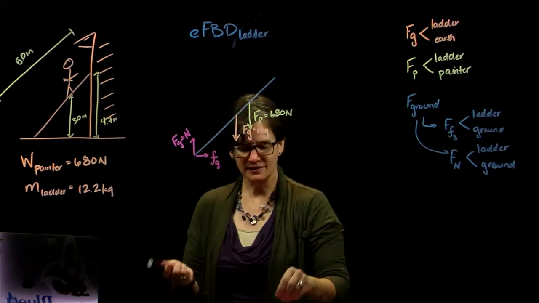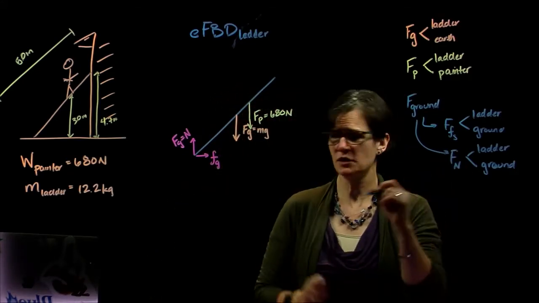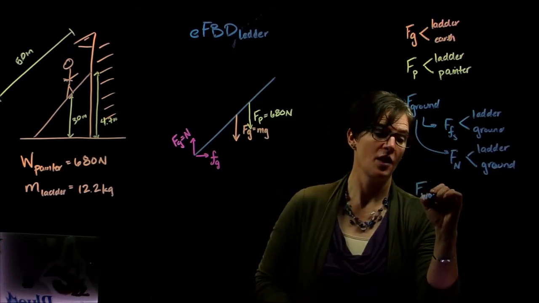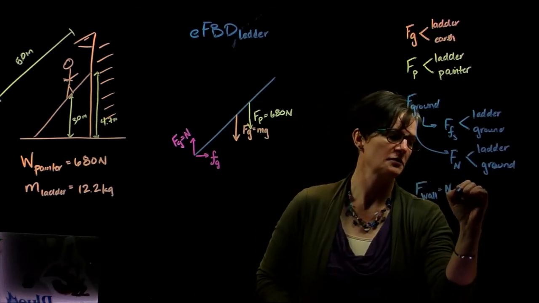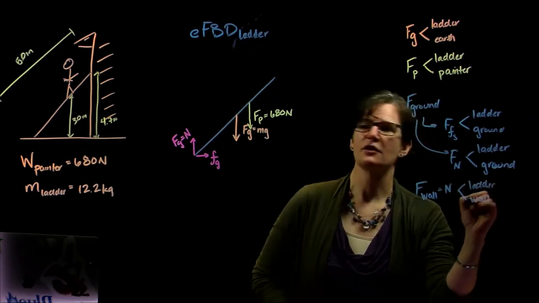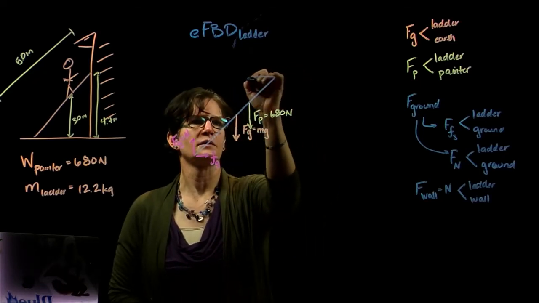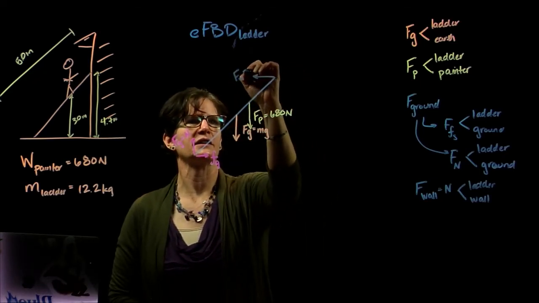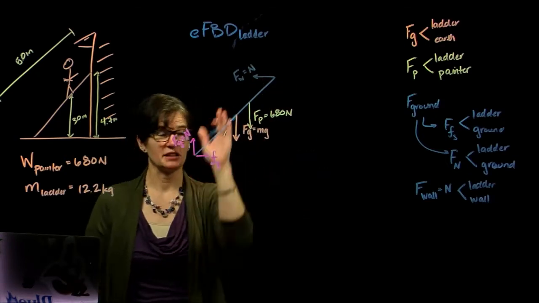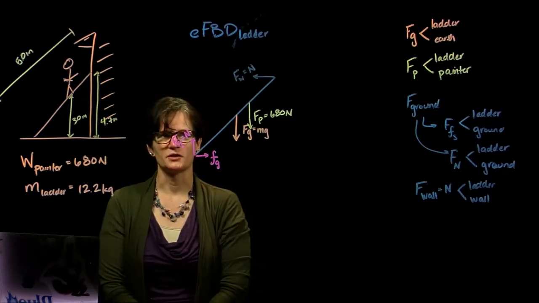All right, and then the last force that we can examine is the force by the wall, and that is a normal force between the ladder and the wall. So the wall is leaning against the ladder. We have the force of the wall here, which we're going to call that normal force. And since there's no friction on the wall, that's the only force that the wall exerts.